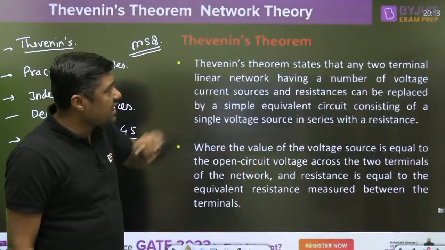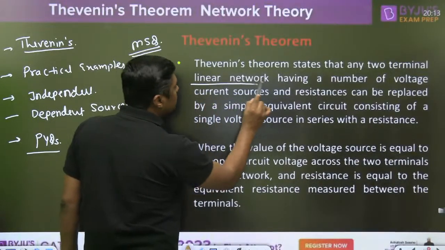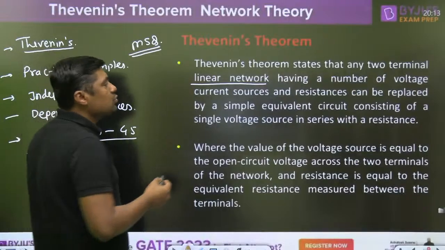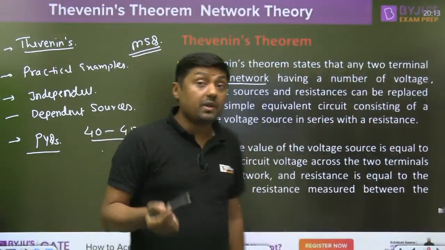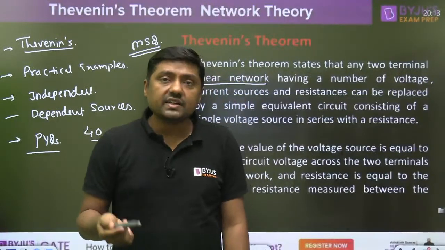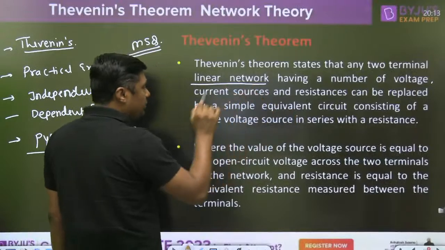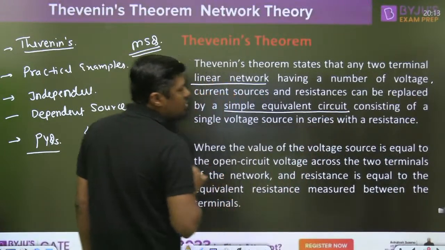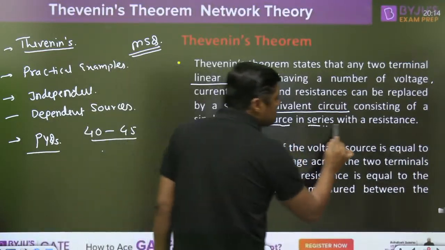Thevenin's theorem states that any two-terminal linear network, this is an important word, linear network, having a number of voltage or current sources, it may be dependent or independent voltage and current sources, and resistances, can be replaced by a simple equivalent circuit consisting of a single voltage source in series with a resistance.